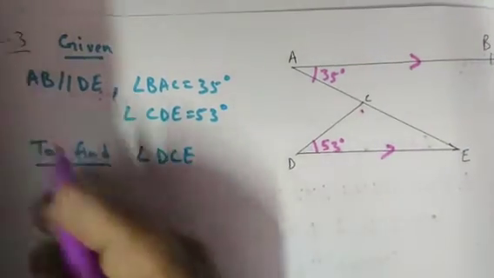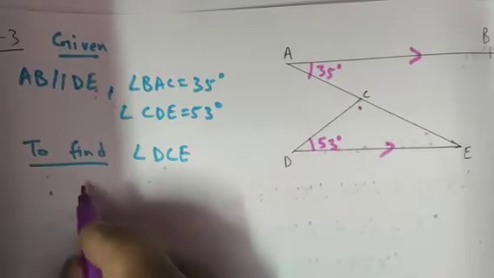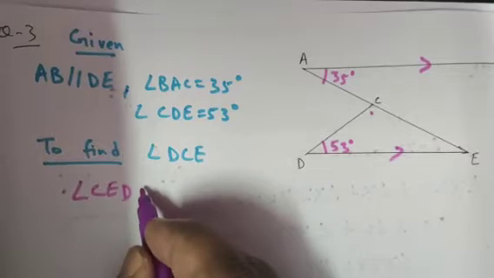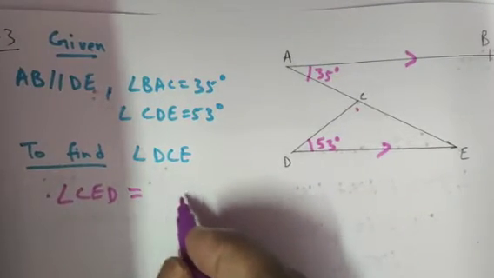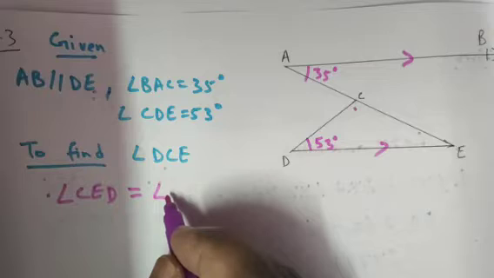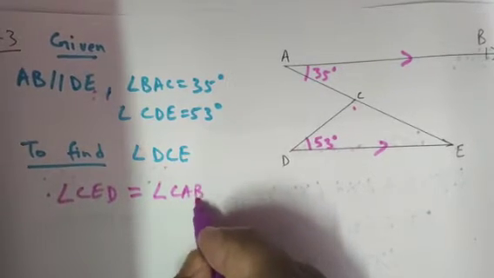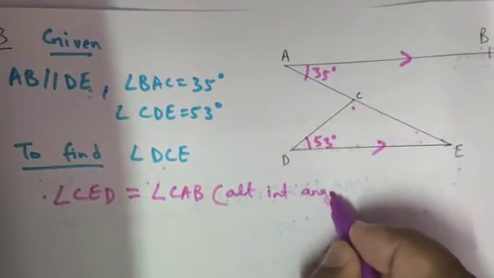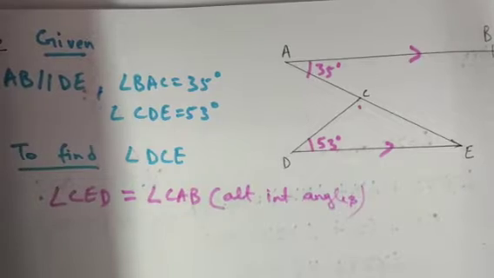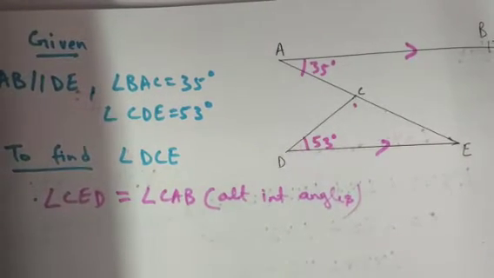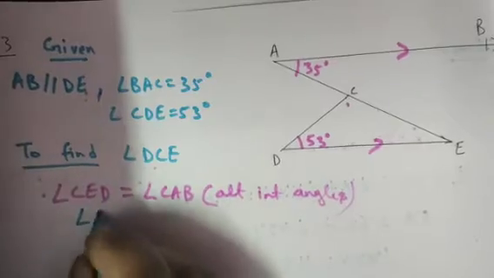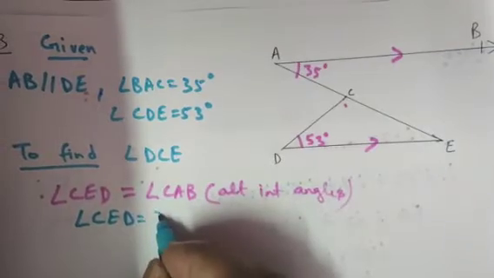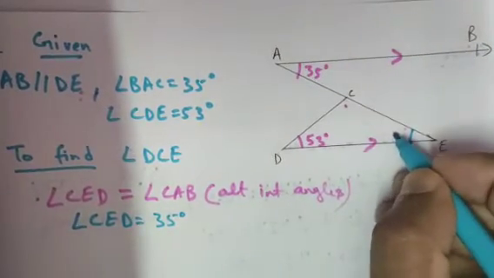So we know that angle CED will be equal to angle CAB, because these are alternate interior angles, so they will be equal. So angle CED will be equal to angle CAB, that is 35. So this angle will be 35 degrees.